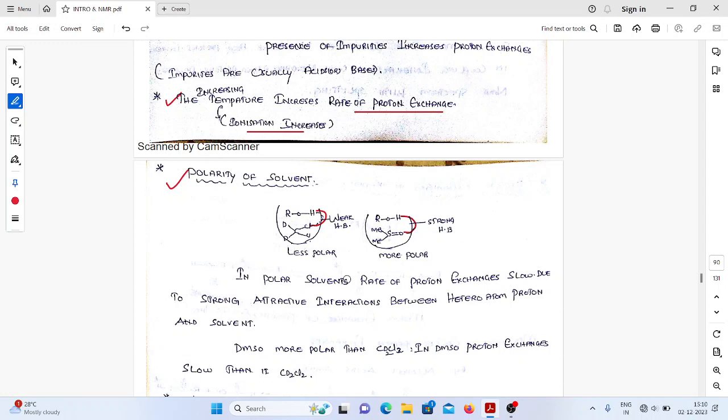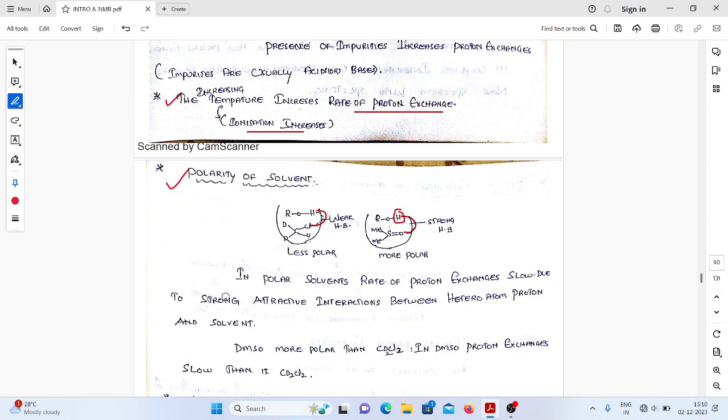If the hydrogen bonding is strong in nature, is it possible that this proton can be easily replaced with another proton? It is not possible. It means whenever you use the more polar solvent, strong hydrogen bonding takes place. That's why proton exchange will be lesser.